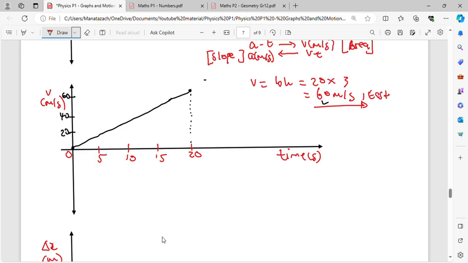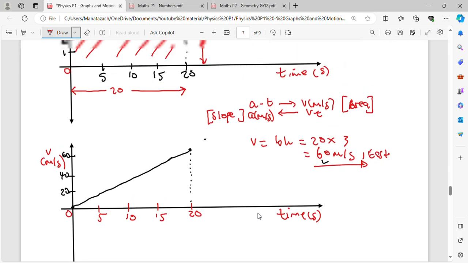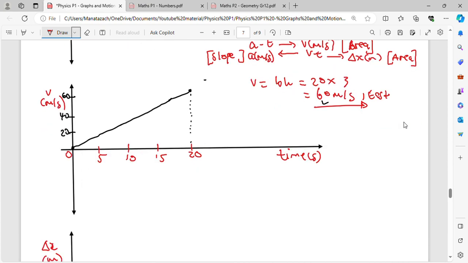Now, as we had spoken about before, when you are given the velocity time graph and you need to work out the displacement in meters, that means you need to calculate the area. So let's calculate the area under the velocity time graph to work out the displacement. The height for this triangle is 60 meters per second, and the base is 20 seconds.